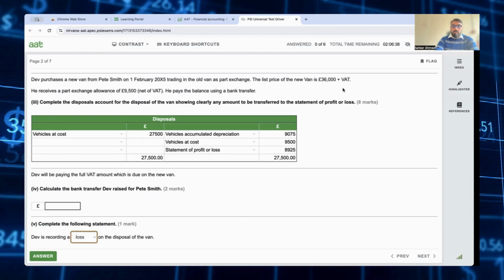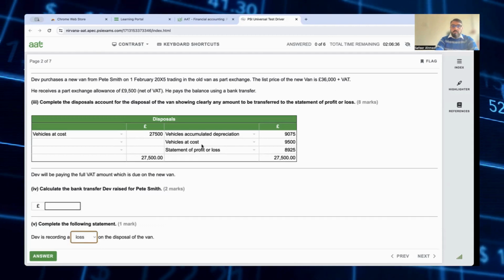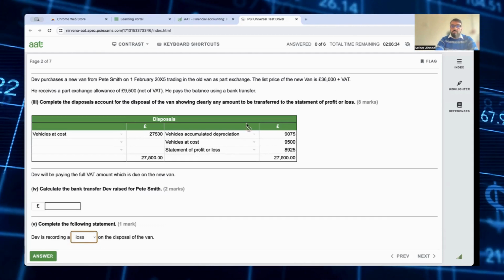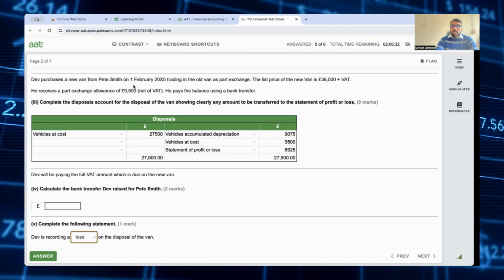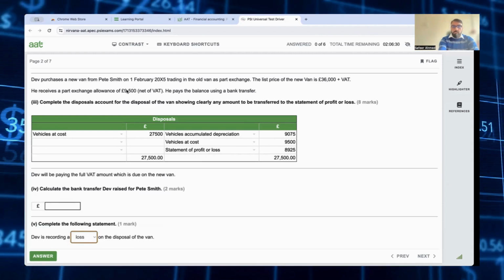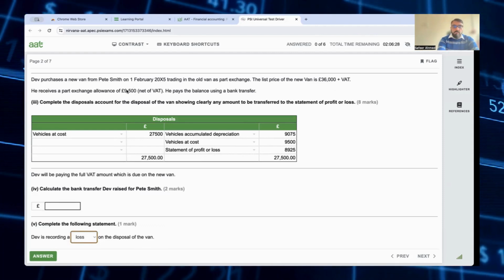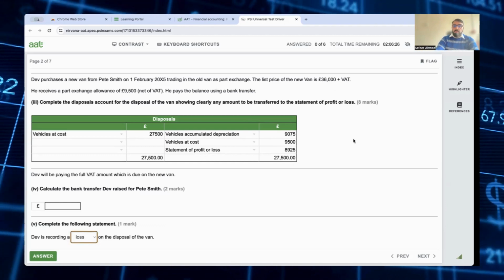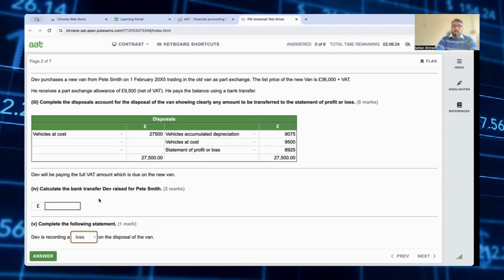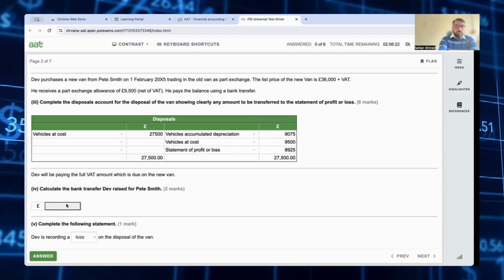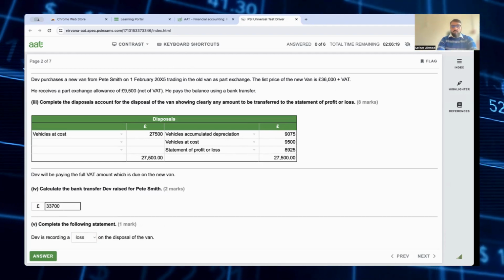And 43,200 minus this part exchange value, so anything more than that they will be paying to this person. So 43,200 minus 9,500, that gives you 33,700.